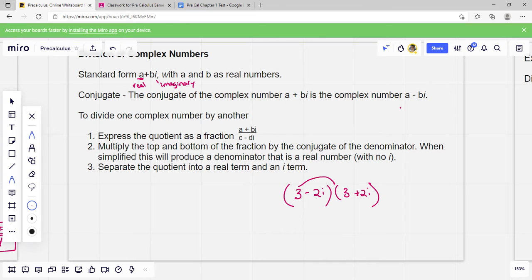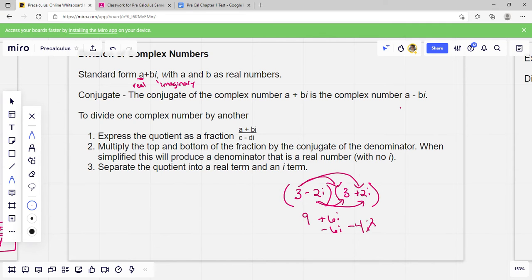We're going to say 3 times 3 is 9. 3 times 2 is 6i, and negative 2 times 3 would be negative 6i. See how those are going to cancel? And now we have negative 2i times 2i, which is negative 4i squared.